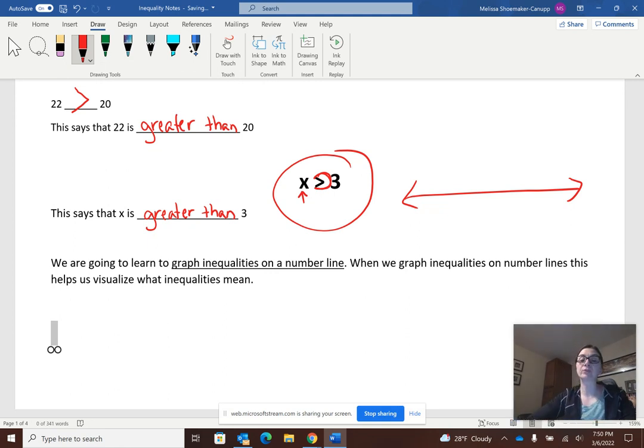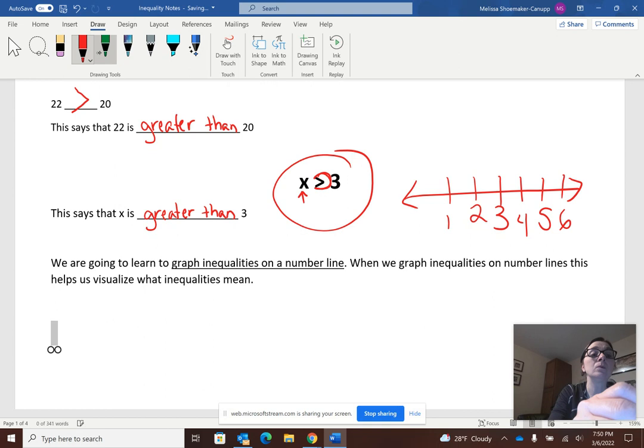Okay, we're going to start out with graphing this, but I want you to think about one thing. If I said in order to go to the end of the year party, you have to have more than $3, let's say. So in order to have more or greater than 3, you could have $4.